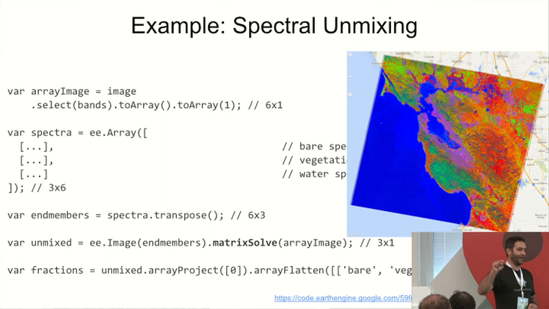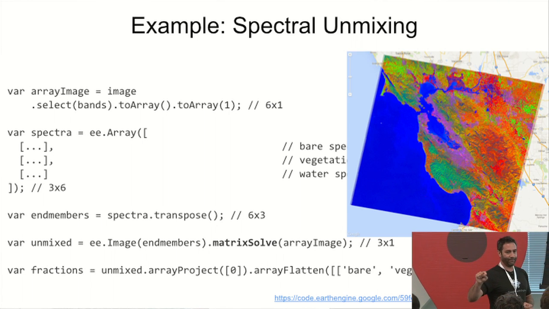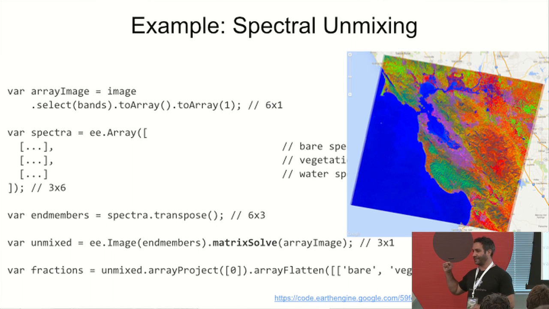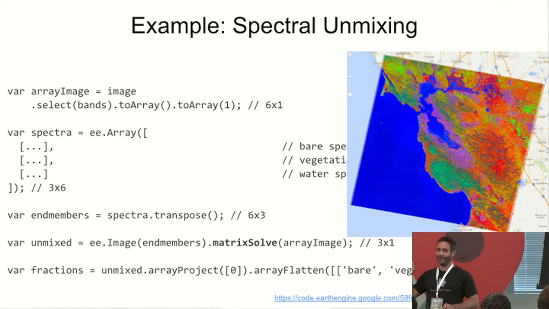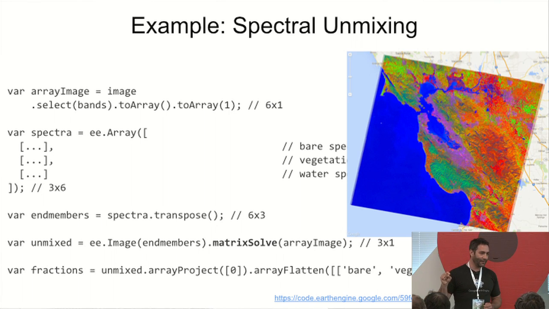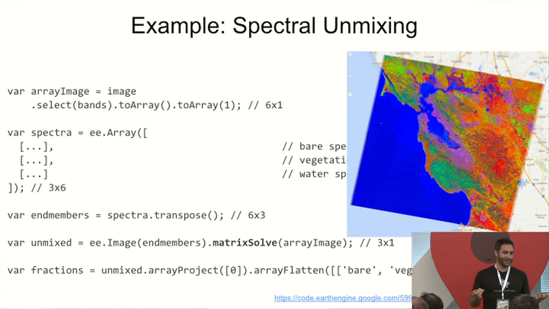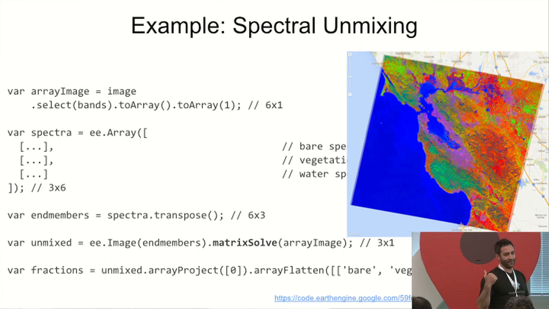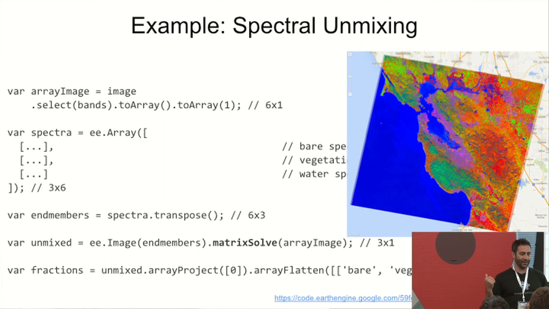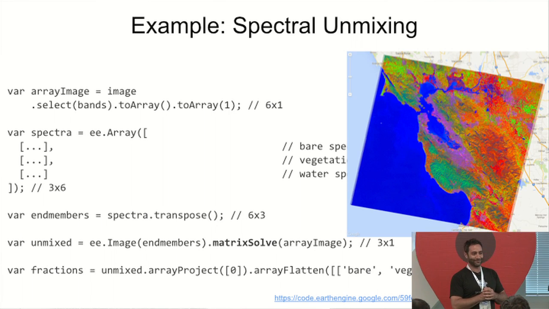But if you click in the ocean, for example, you might find something like the water fraction is 1.1, and the other fractions are like minus 0.1, which makes no sense. And so to get around that, you can either tack onto the end of this a fancy thing to constrain the results, or you can use image.unmix(true, true), which will do it for you.